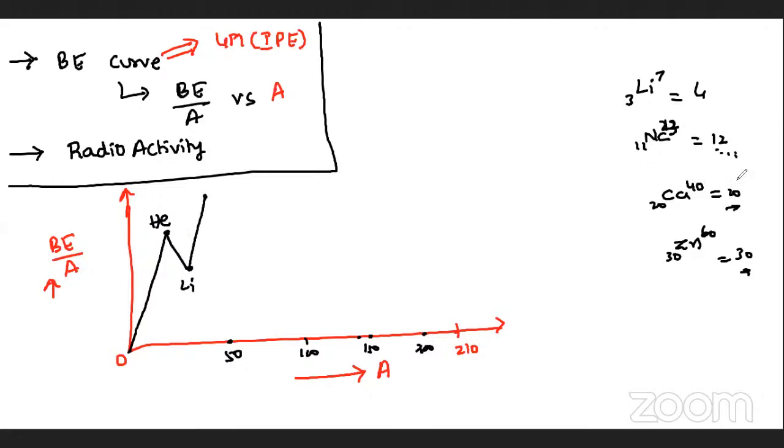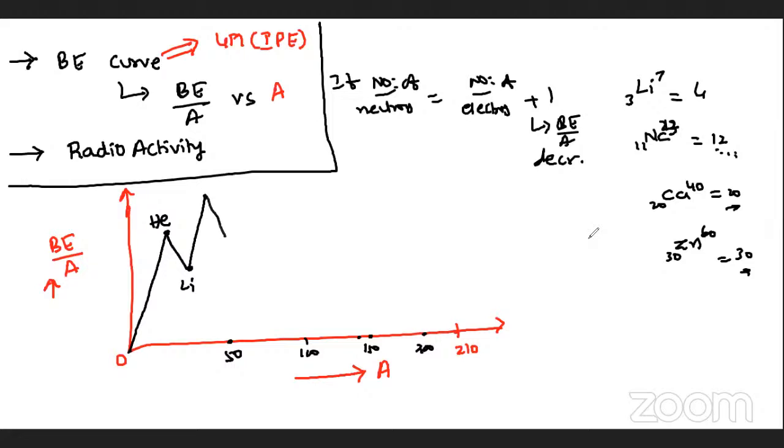If the number of neutrons is equal to the number of protons plus 1, then binding energy per nucleon decreases. If it is equal, then it will increase.